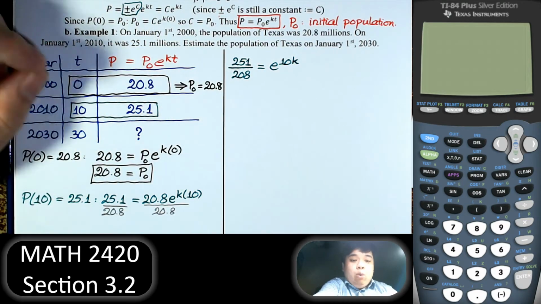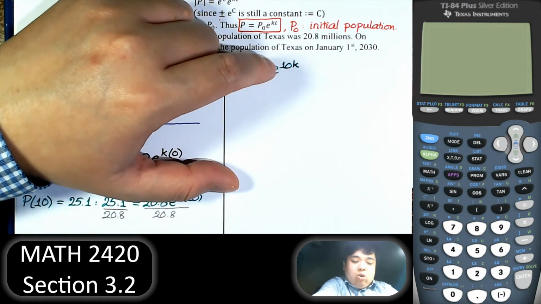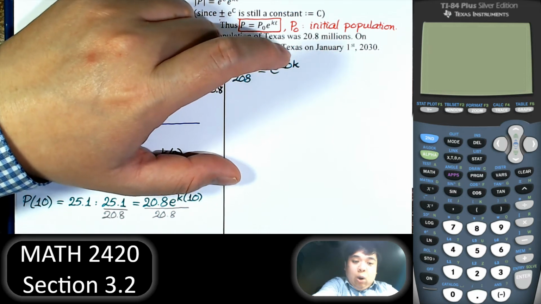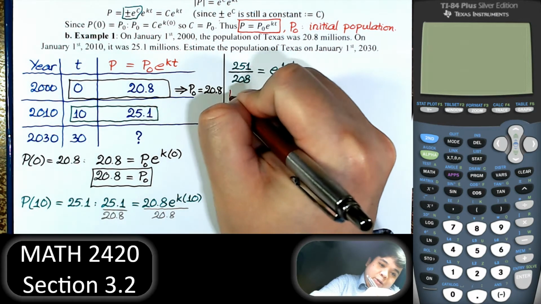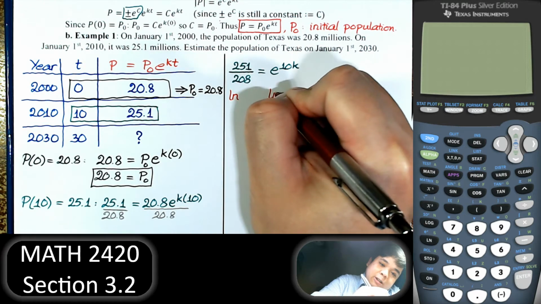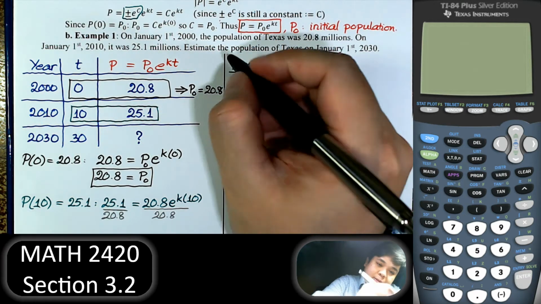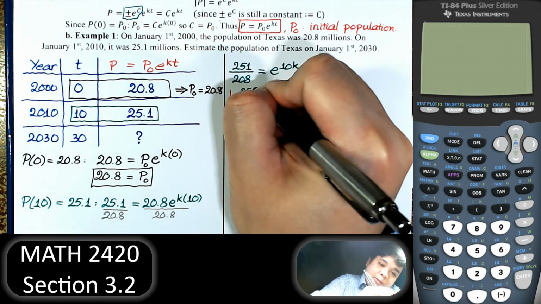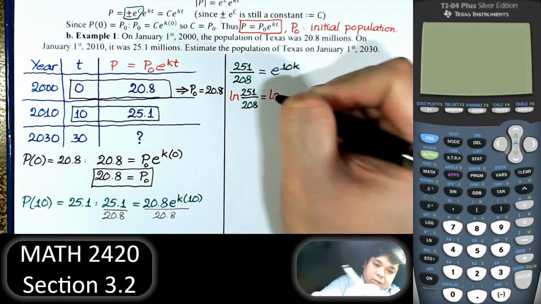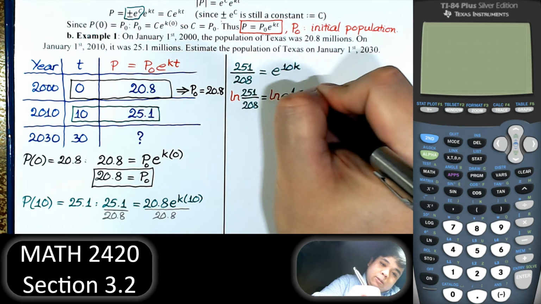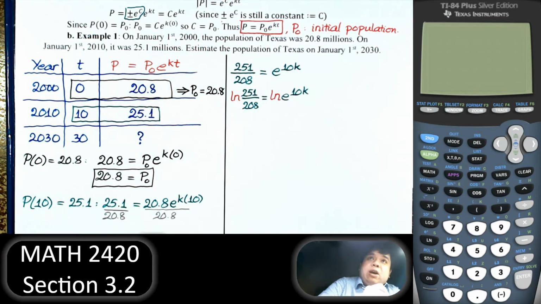Right. Now we want to solve for k, meaning that we try to get rid of the exponential. What we can do is take ln on both sides. So take ln on both sides. e and ln cancel out.